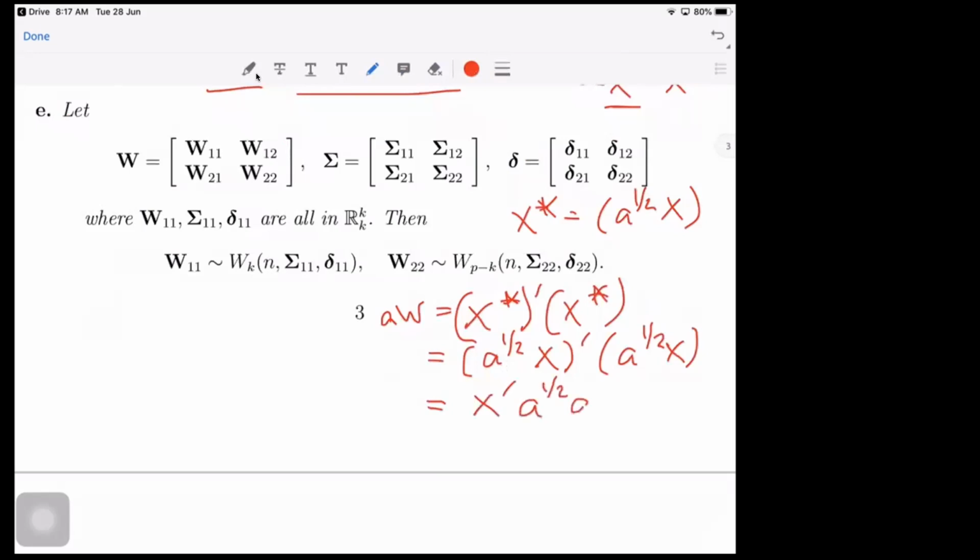Since a is just a constant, it's just equal to a raised to the 1/2. The prime is just a to the 1/2. And this is x prime ax, but a is a constant, so you will have x prime x. Okay, so that was our x star.